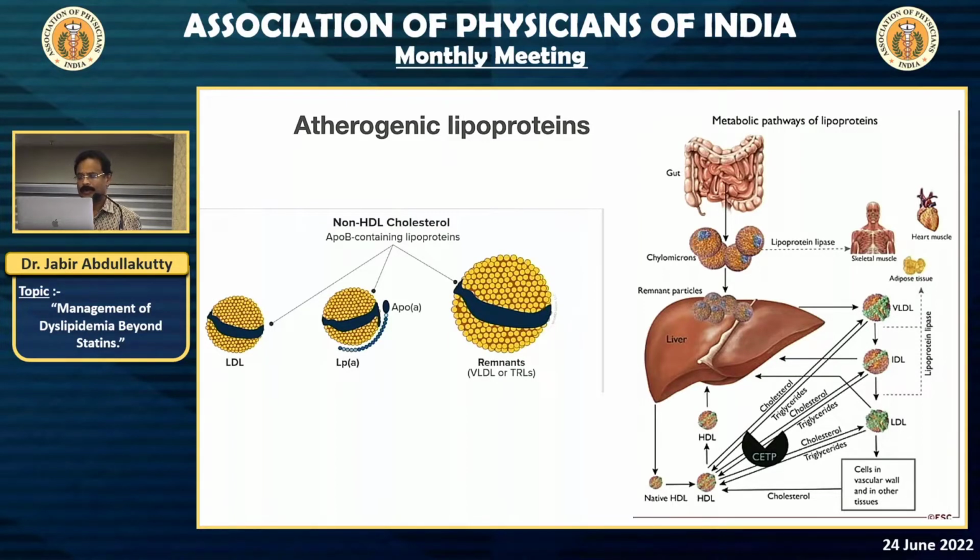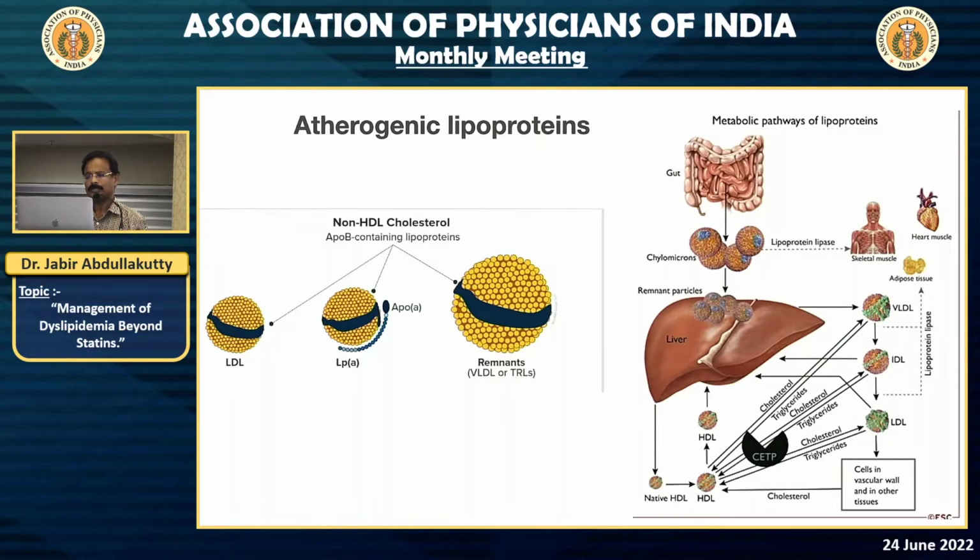So these complicated pictures show the different metabolisms: the chylomicrons acted upon by the lipoprotein lipase, the triglycerides are removed and converted to fatty acids taken up by the liver. There again the VLDL is synthesized, secreted, acted upon by the lipoprotein lipase, becomes remnant particles and is converted into LDL, then the HDL.